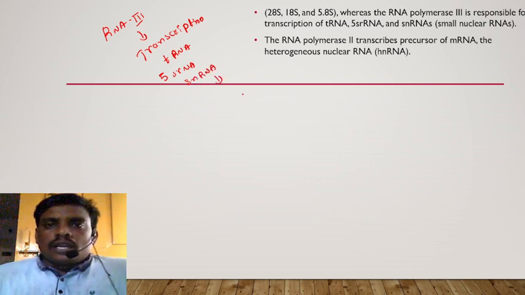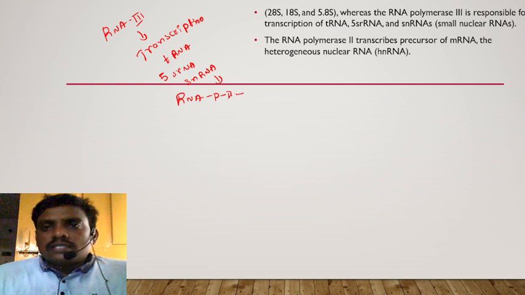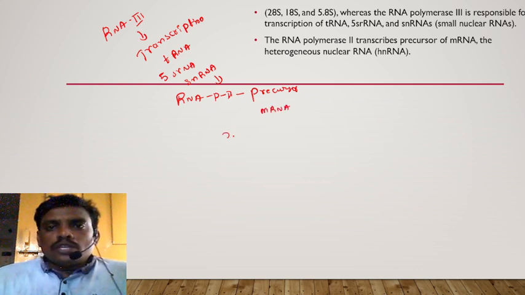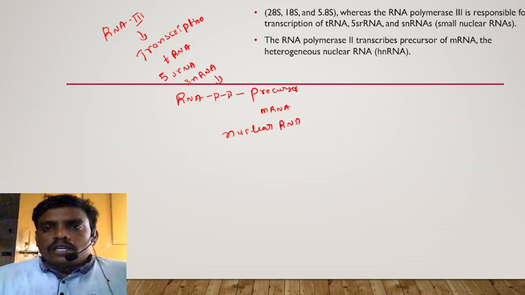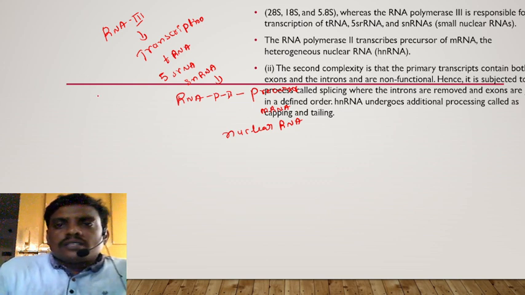And RNA polymerase 2 transcribes the precursor of mRNA, the heterogeneous nuclear RNA, hnRNA.